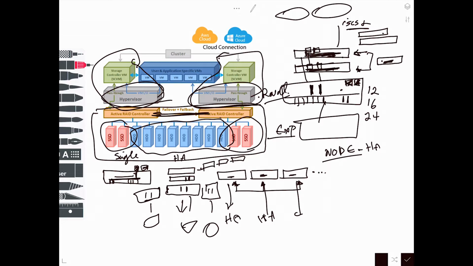It's a Lego architecture, so we call it modular. It means that you can rearrange this as you want. It's pretty much very software-defined storage. The 2 storage controllers within these units are virtualized.